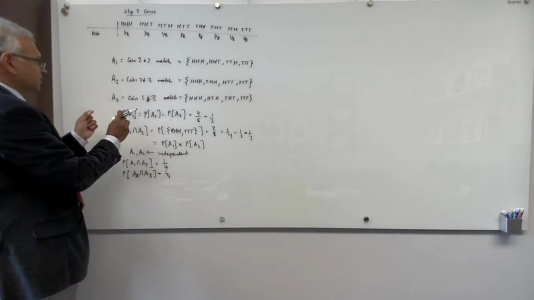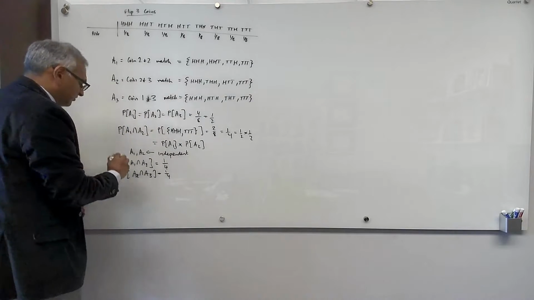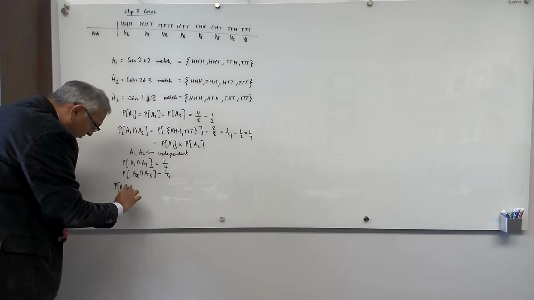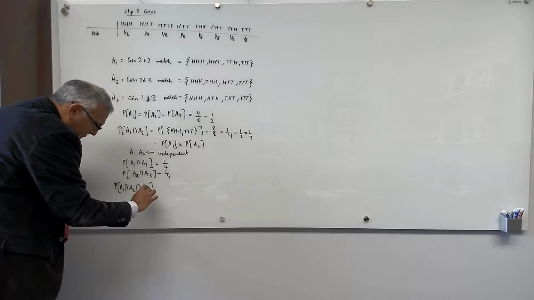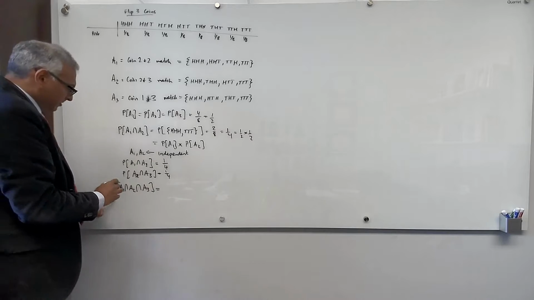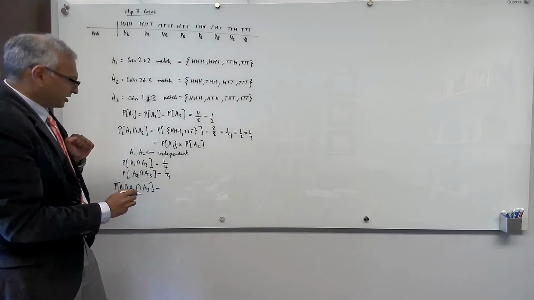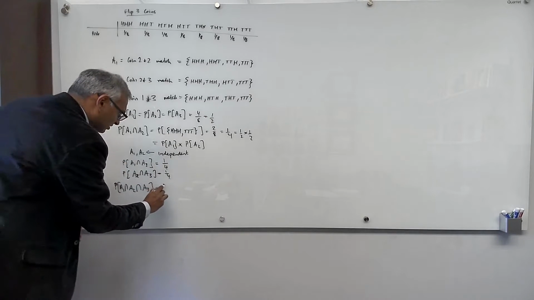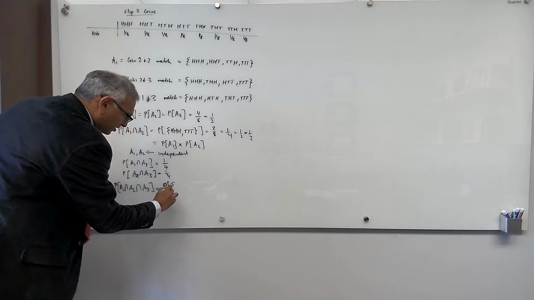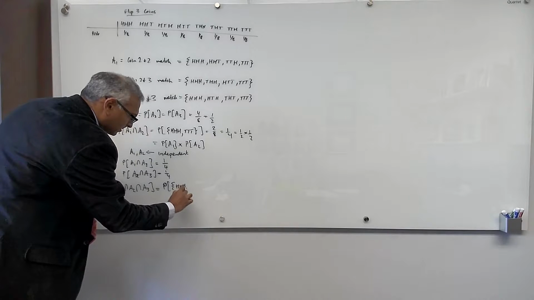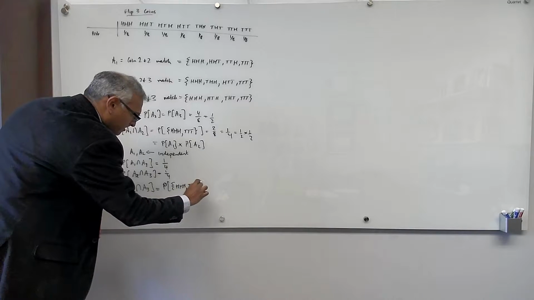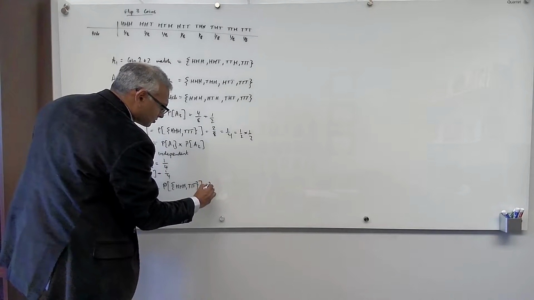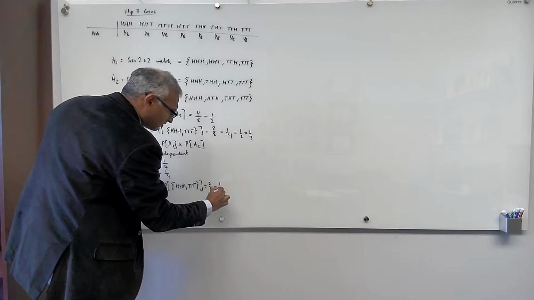But now let's consider the intersection, the AND of all 3 events. The probability of A1 and A2 and A3: we need the intersection of all 3 events, and you'll see that HHH and TTT is common to all 3. So it's the probability of the event HHH and TTT, which is what we just computed, 2/8, which is 1/4.